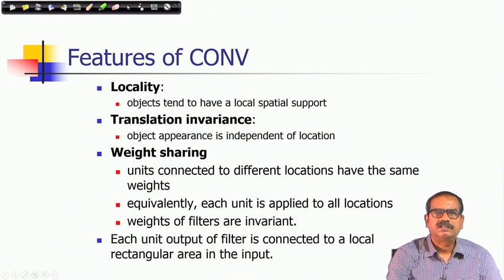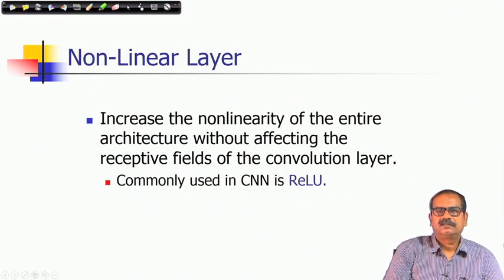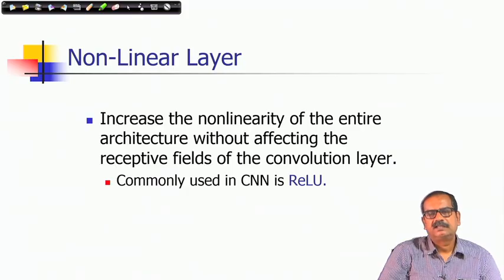Then each unit output of a filter is connected to a local rectangular area in the input, and that is considered the receptive field. As there is a nonlinear function in each neuron, after the convolution layer we apply the nonlinearity at every point, whose input is the output of the convolution layer.